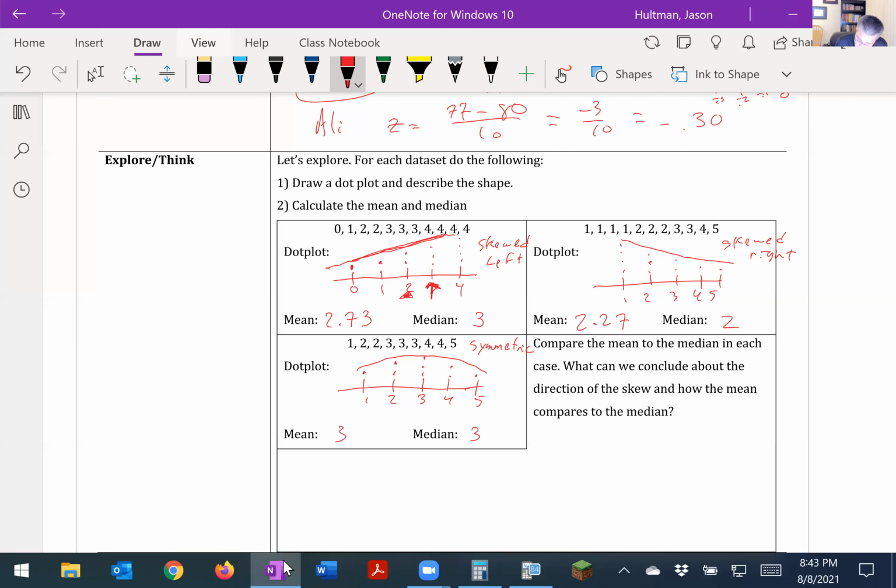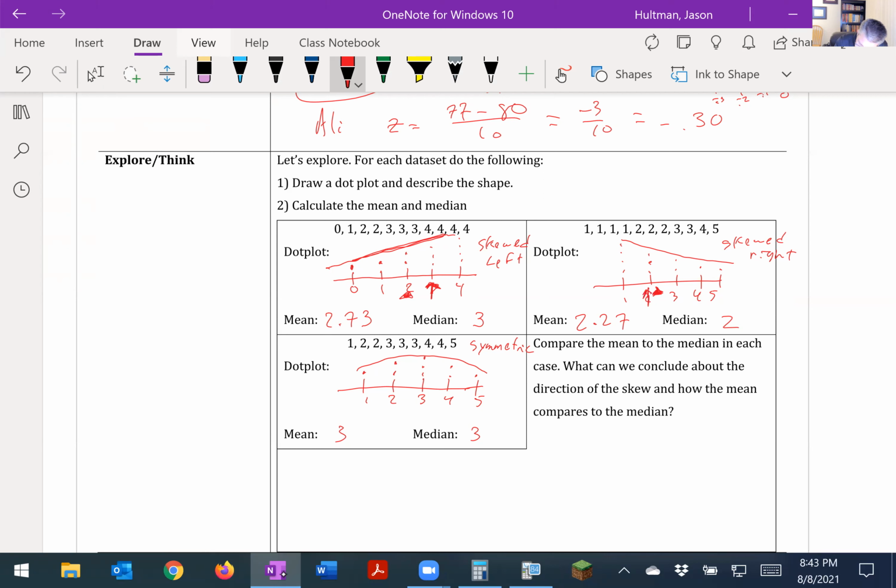Okay, but it's skewed left. Here the mean is 2.27, so it's about right here. The fulcrum is about right there, but the median is 2. So here the median is less than the mean.